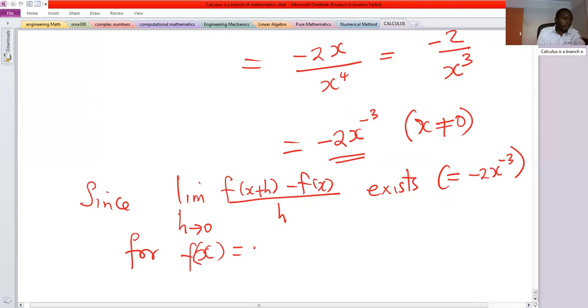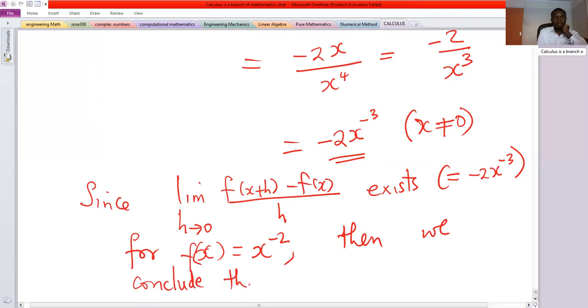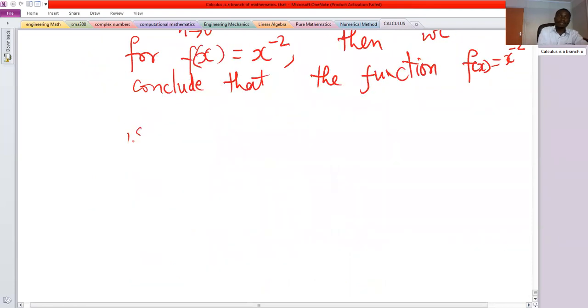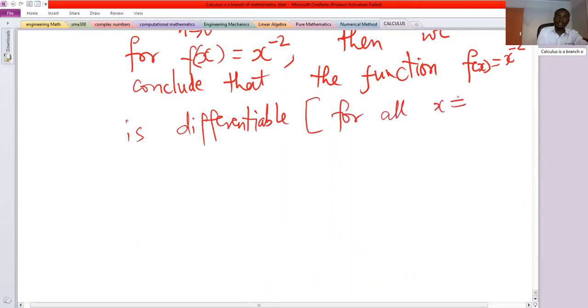For f of x given by x raised to power minus 2, then we conclude that the function f of x equals x raised to power minus 2 is differentiable for all values of x which are not equal to 0, because we are dividing by x power 3.